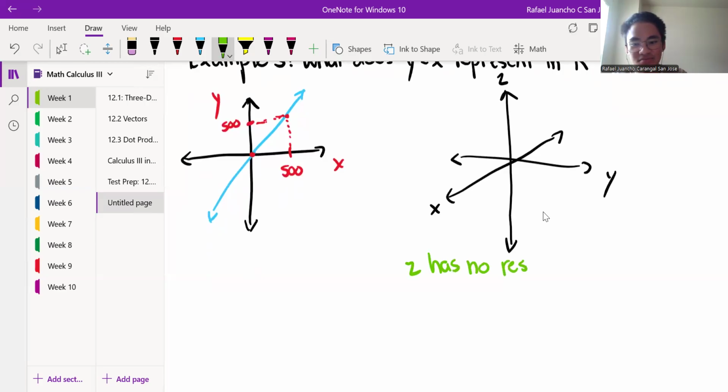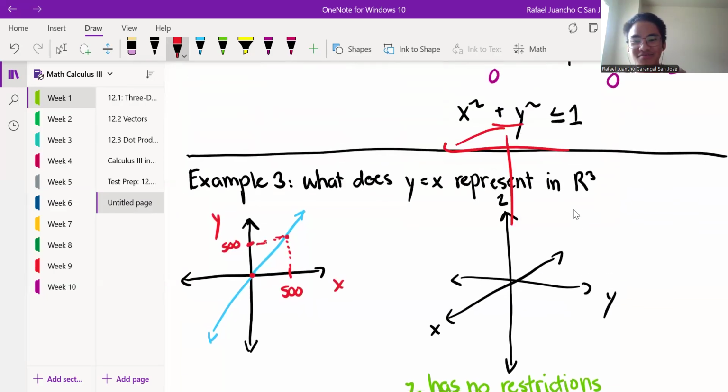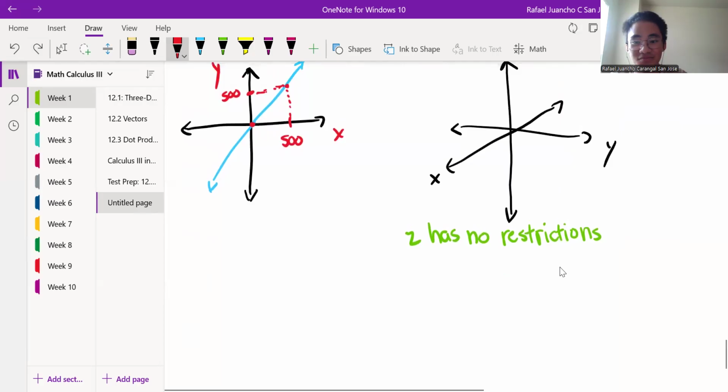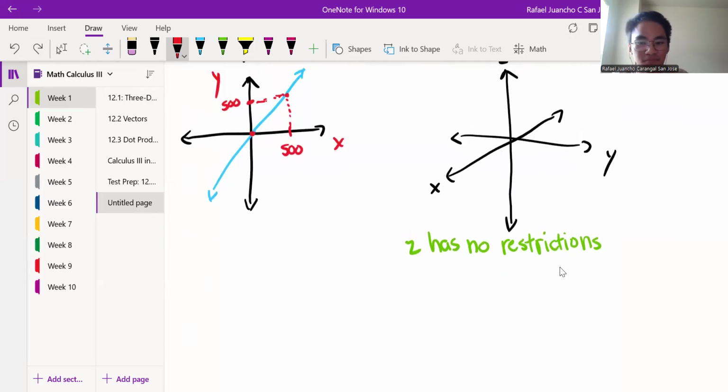Unlike the previous one, where z was between 2 and 4, here z could be anything. Could be a million, somewhere far, and then a plane there centered at the z-axis. Could be z equals 0, the origin. Could be z is 5, somewhere here. But again, there are no restrictions.